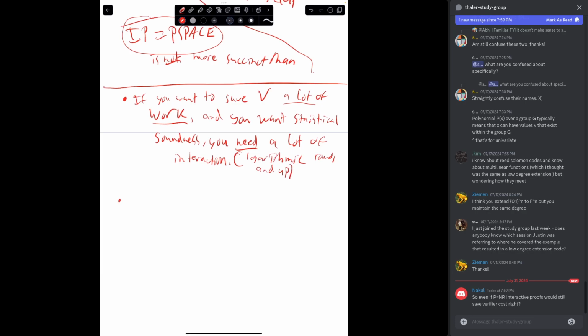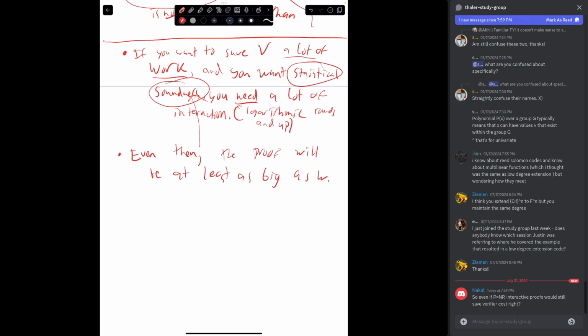And then even then, if you have statistical soundness, the total communication will be at least as big as the witness that the prover is claiming to know. And also, by the way, there will be non-zero soundness error.